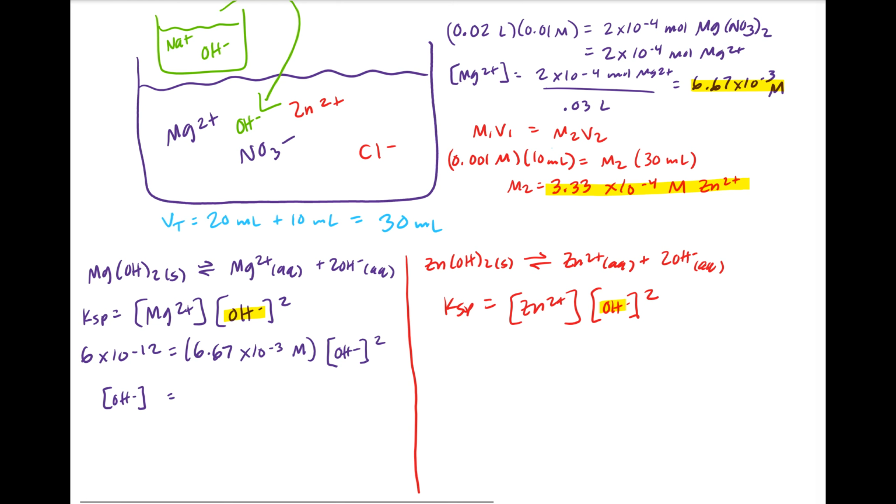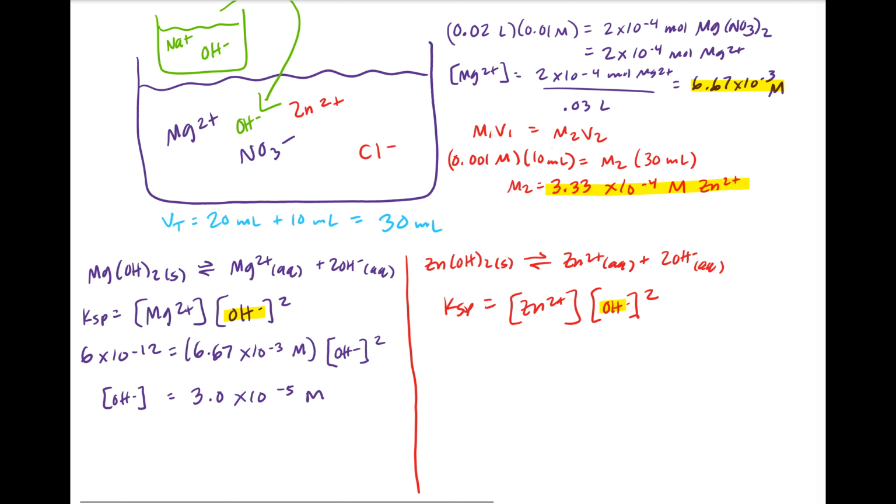Hydroxide ion concentration at equilibrium is 3.0 times 10 to the negative 5 molar. So what this value means is that in order to start precipitating the magnesium hydroxide, the concentration of hydroxide needed to do that is 3 times 10 to the negative 5 molar.